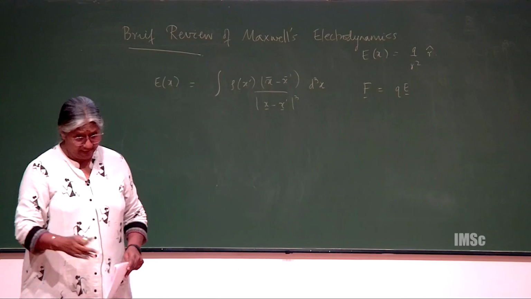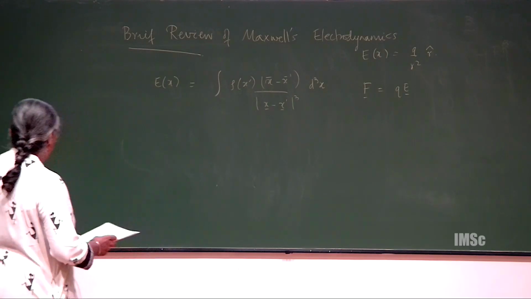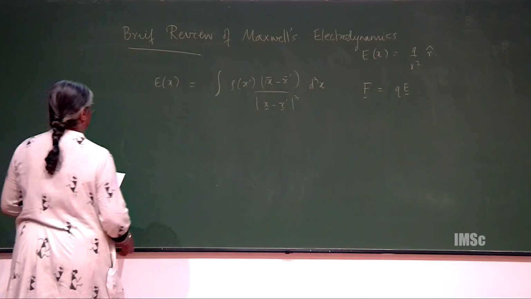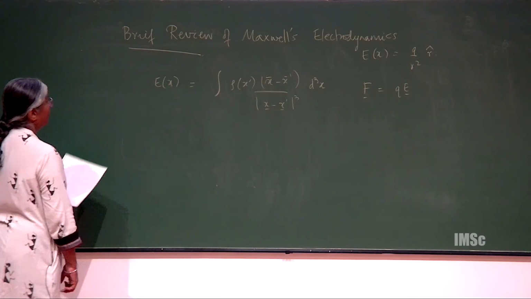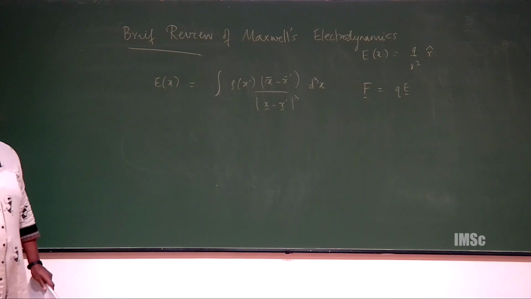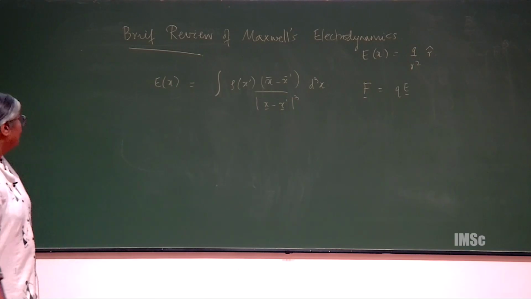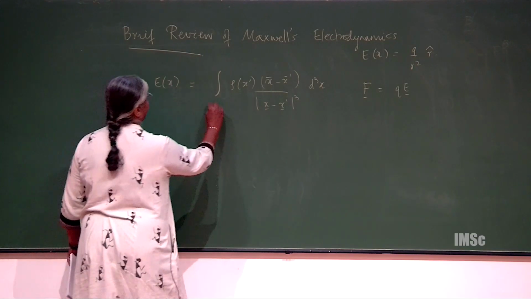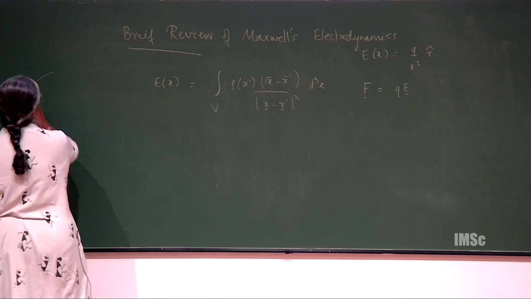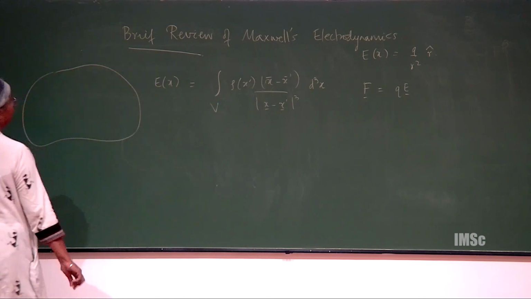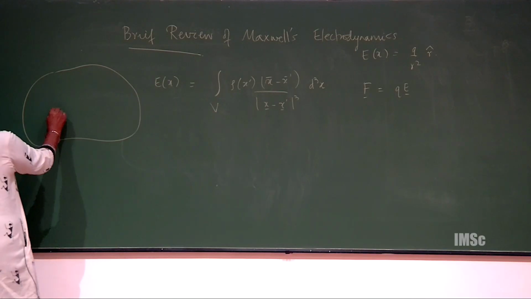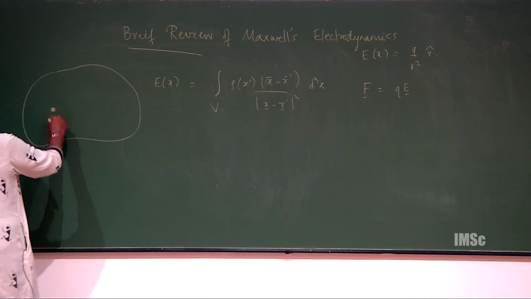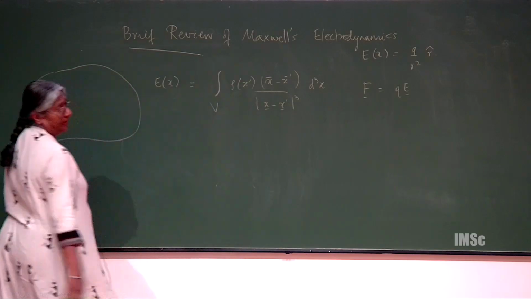And he actually had an integral form. I was wondering how do you convert the left hand side to an integral form? So I say that here I have a volume V. Let me draw a volume V. This is my volume V. And let us say that the charge is located somewhere here. It's concentrated around the point x prime, right?